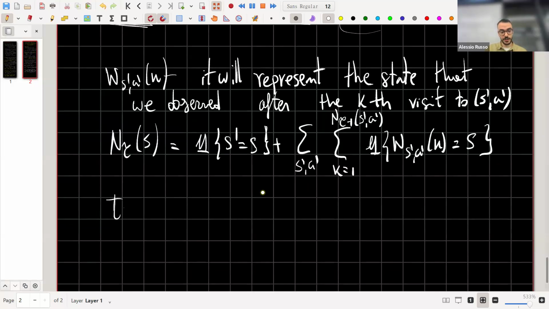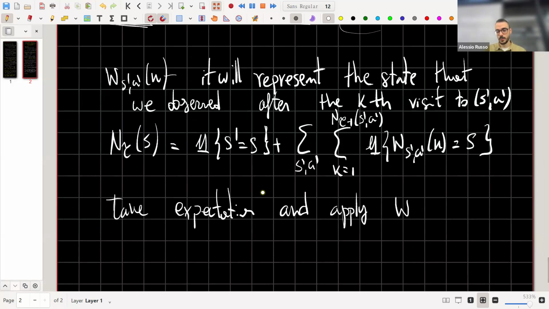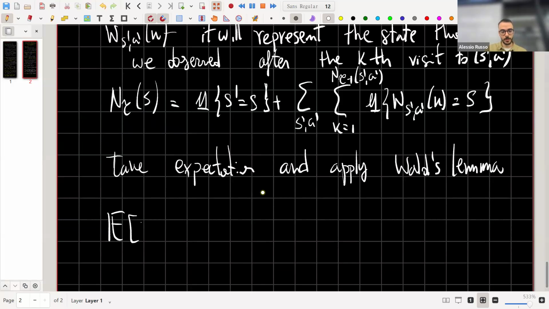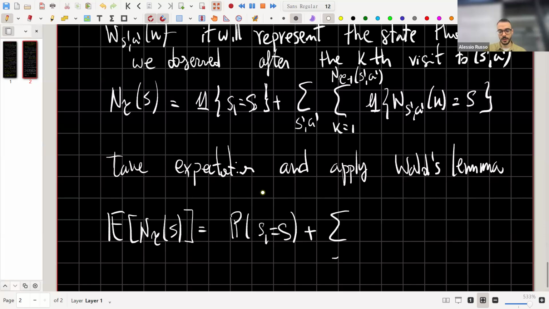So we take expectation and apply Wald's lemma, and we obtain that the expected number of visits to state S is equal to the probability that the first state is equal to S, plus the sum over S' A' of the expected value of this inner sum times the indicator.